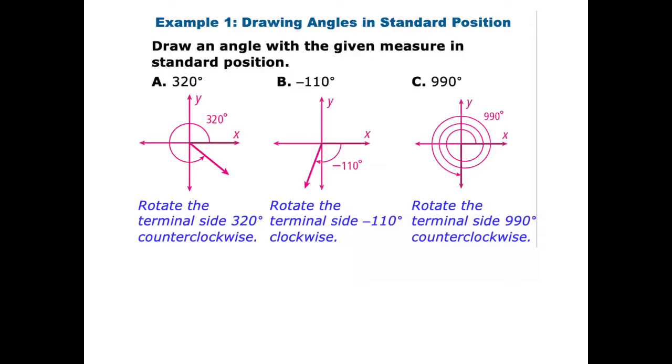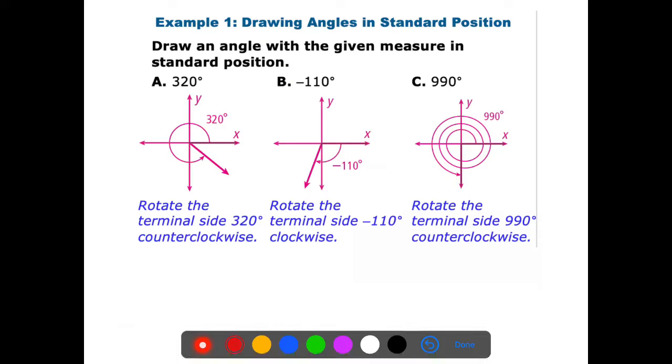And then C, 990, it's rotating counterclockwise. Looking at this, the first rotation is 360, and then you add another 360, and then the rest of it. So when you're doing this, it just keeps going in a circle until you reach the amount of degrees that you are looking for.